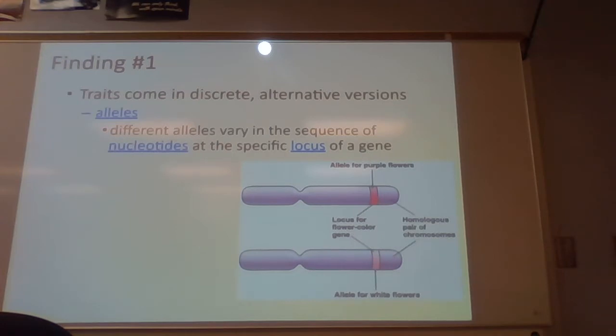First, the finding that traits come in discrete alternative versions. We call those individual alternative versions alleles. So we talk about having the dominant allele or the recessive allele.